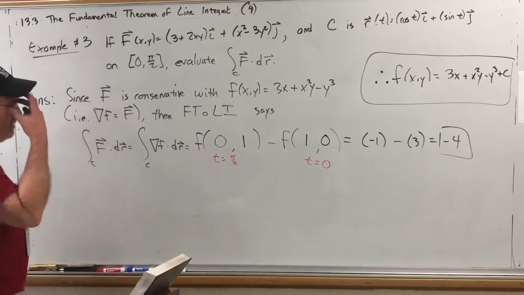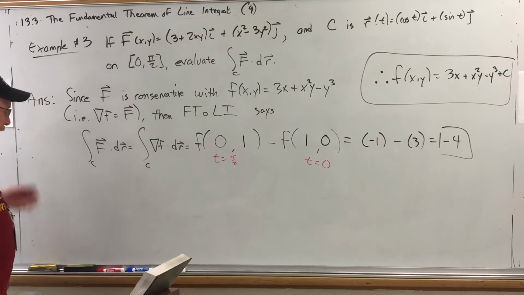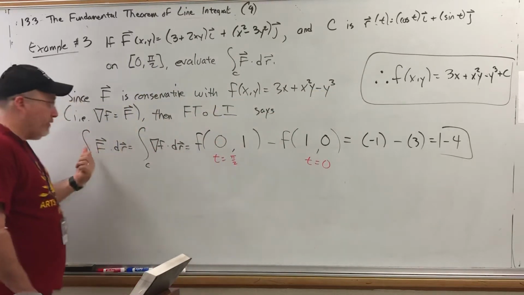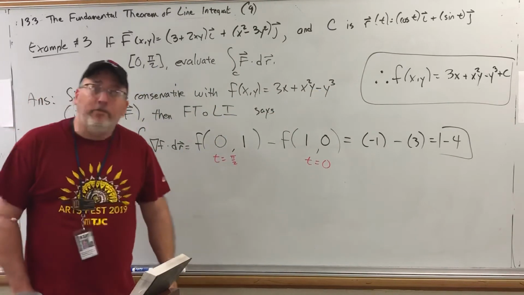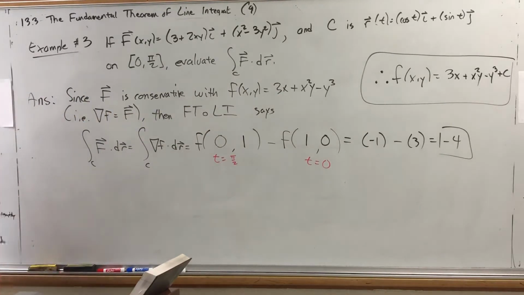So this is why being a conservative vector field is kind of cool. If you're a conservative vector field, and you know your conservative vector field's potential, then you can evaluate a line integral just like a regular integral. Antiderivative is that. Substitute and evaluate.